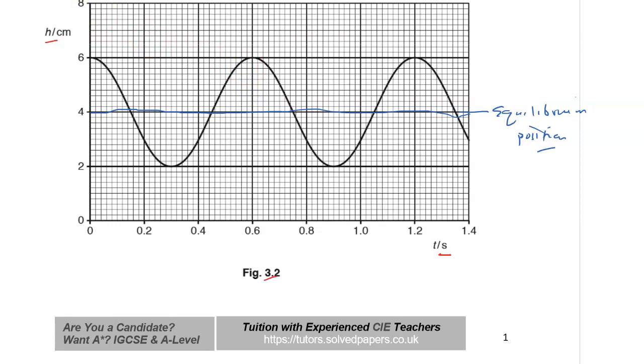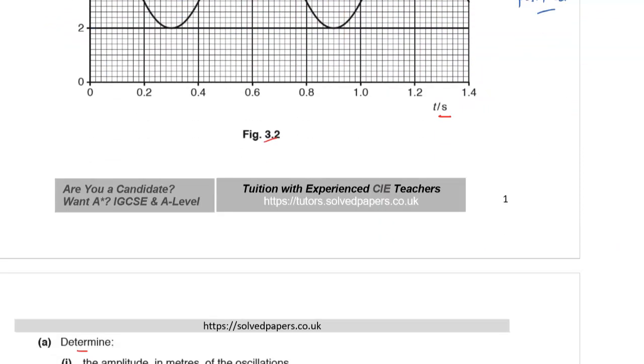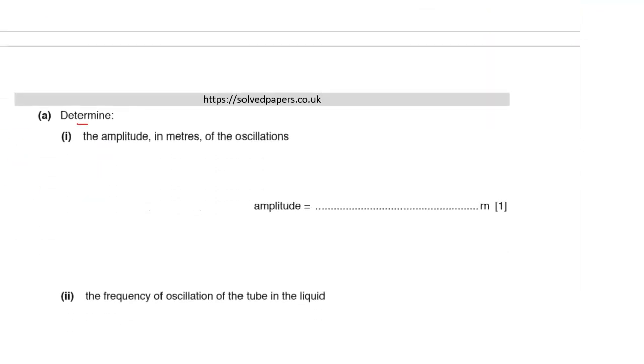Therefore, you can see the amplitude is this distance here. Let me get red. The amplitude is the distance from there to there. Therefore, the amplitude is basically 6 minus 4, which is going to be 2 centimeters.